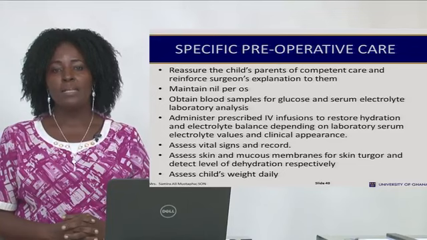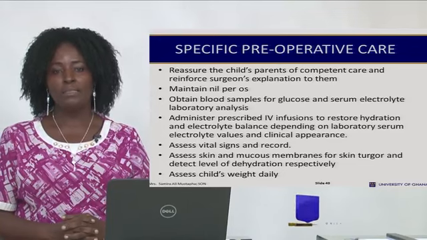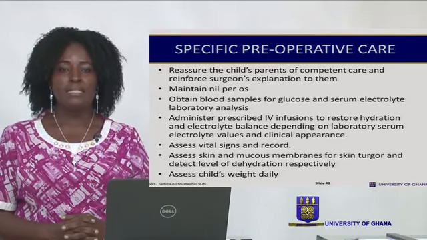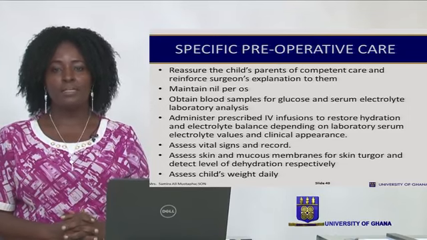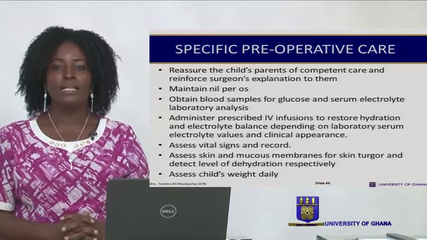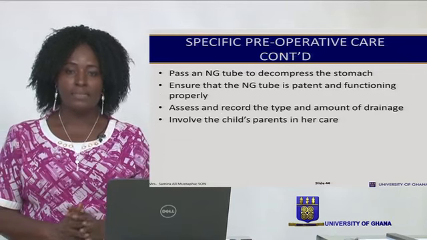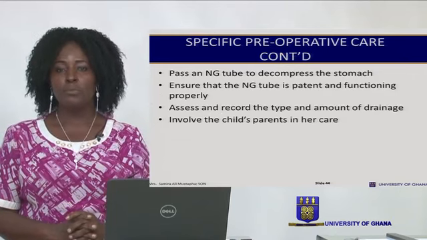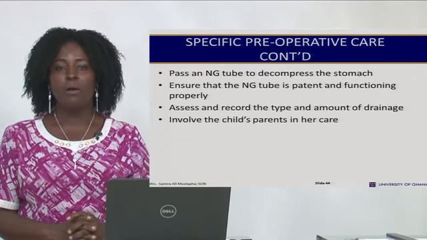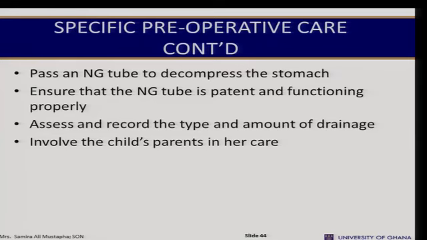We also assess vital signs and record intermittently, assess the skin and mucosa to ensure that the child is not dehydrated, and assess the child's weight daily. We also pass an NG tube to decompress the stomach, record the amount of drainage, and prepare the child and the parents about the care.